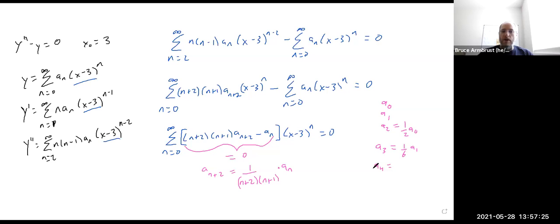So then A4, if I plug in 2, that's going to be 1/12 A sub 2, which means this is 1/24 A sub 0. And then A5, when we plug in 3, that's going to give us 1/20 A sub 3. Well, A sub 3 was 1/6, so this is 1/20 A sub 1.